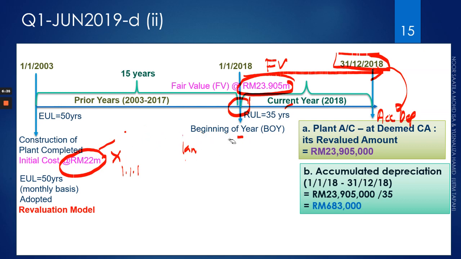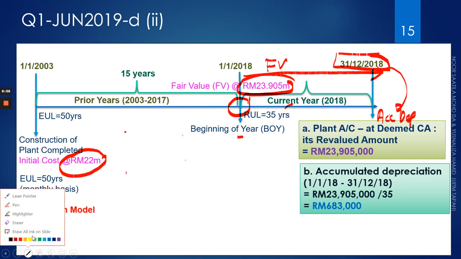What you are asked to do is to calculate the accumulated depreciation. So this is for only 1 year. 1 year means you need to calculate just starting from 1st of January 2018 up till 31st of December 2018.